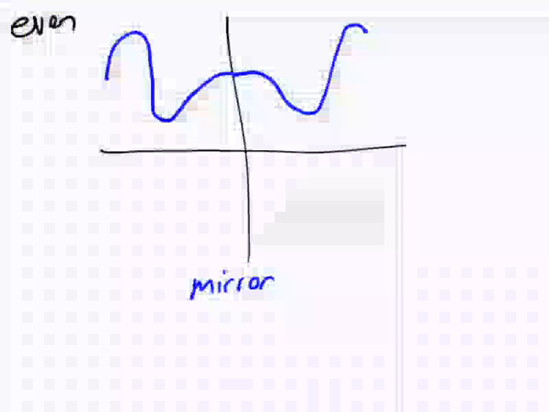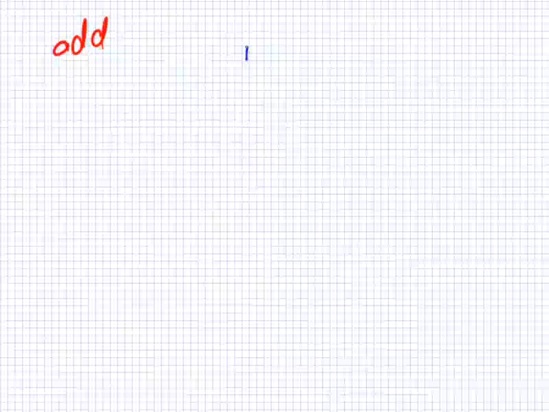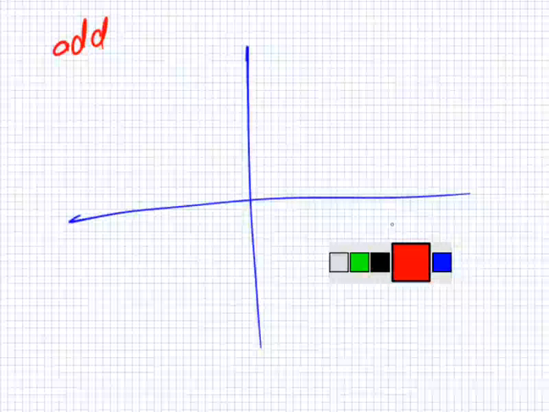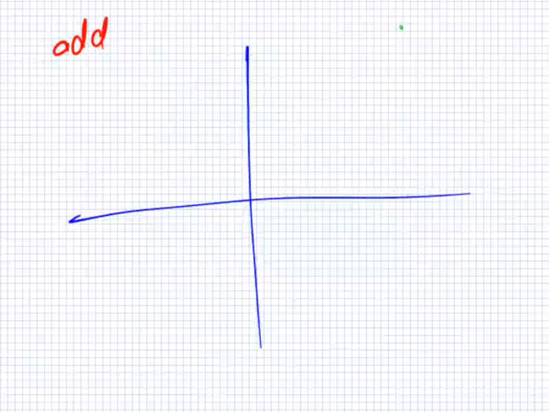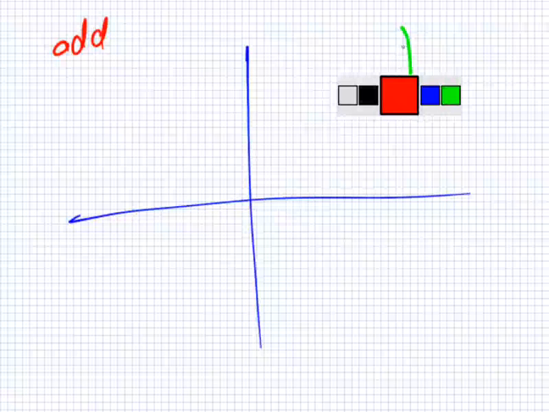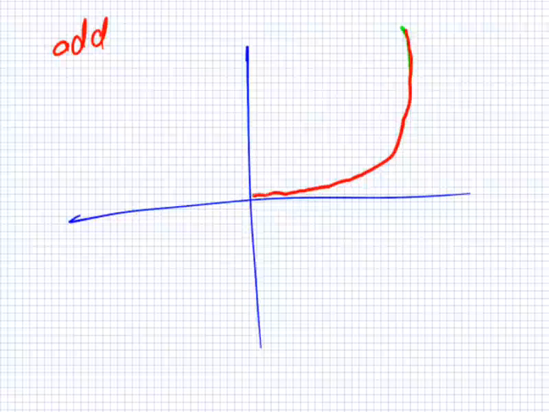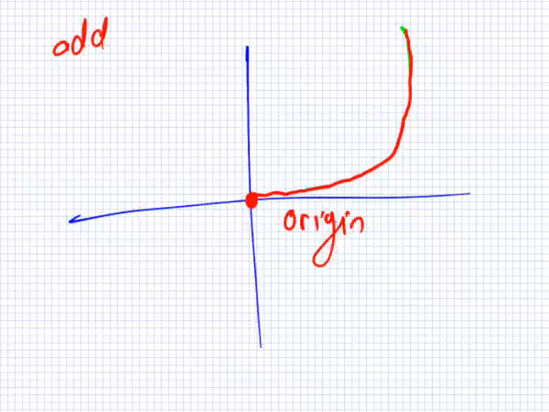What other graphs are even? x squared is one. Anything else? Minus x squared. Correct. What about x squared plus x plus 1? Is it even? No, it's not, because look at the graph for x squared plus x plus 1.